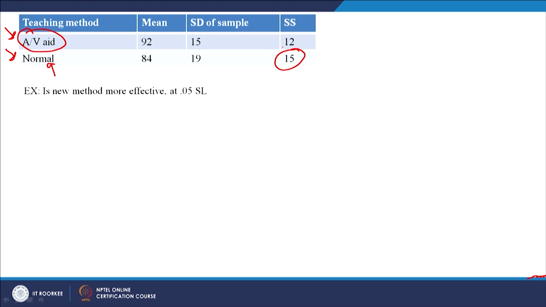So, what he did, he selected a sample of 15 students and took the mean of marks of those 15 students in a subject, and the standard deviation of marks was 19.